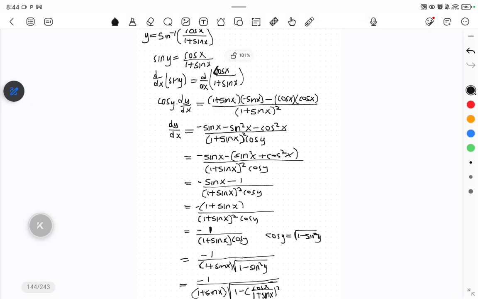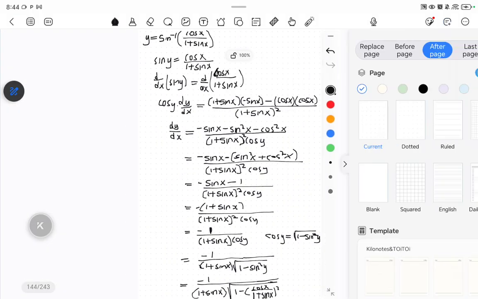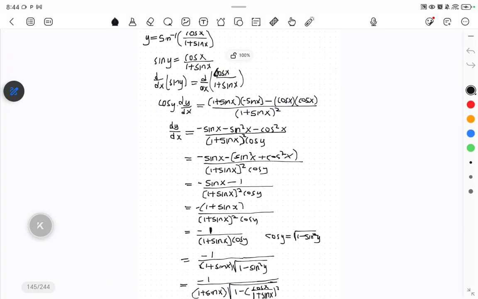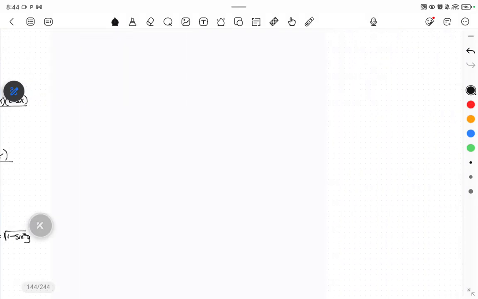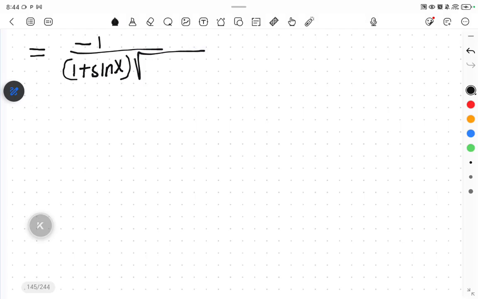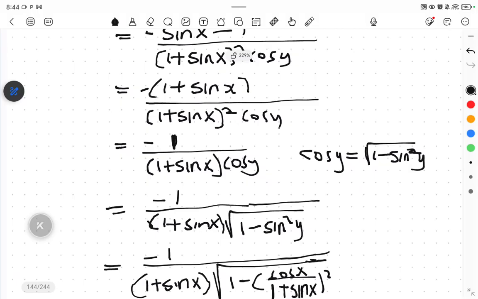And then from here, we can say that we can input here. It's fine. We have this. Let me write that first, and then I'll tell you what to do. Was it minus this one or plus? Oh, it's minus.